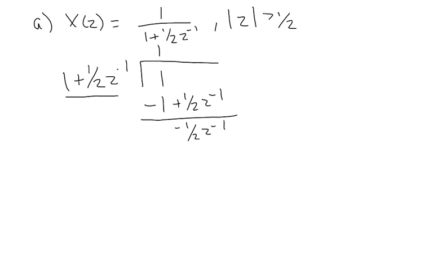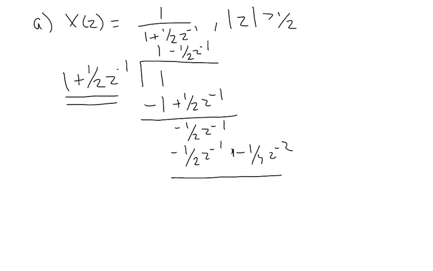So now we ask ourselves, what do we multiply this by again to get rid of that? Well, negative 1/2 z to the negative 1 is a good place to start. So let's multiply that out and see what we get. It's supposed to be a minus 1/4 z to the negative 2. Remember, we're subtracting this, so it's going to cancel out again, and we get 1/4 z to the negative 2.